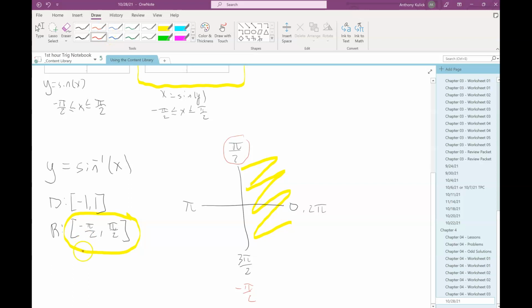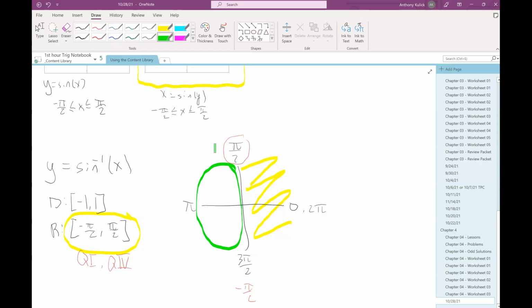So our sine inverse function can only output angles that are in quadrant 1 or quadrant 4, excuse me. Well, what if I'm looking for an angle that was over here in quadrant 2 or quadrant 3? We can still find those values, but the calculator is not going to ever output them for us.